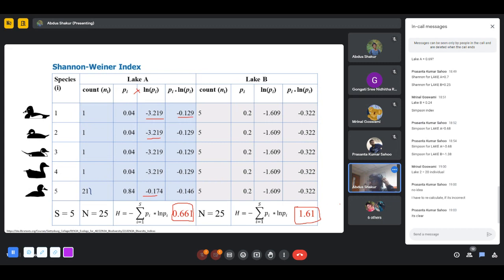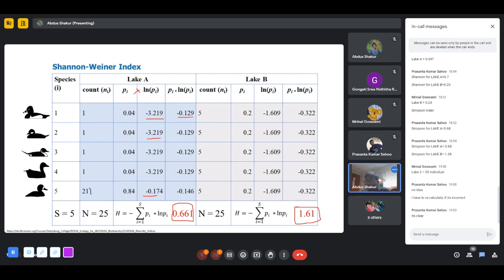Okay, 0.6. I think Prashanta, you reported in the chat. I think you said for Lake A it's 0.68 for Simpson, but I think you might have calculated Shannon's for that, because the values are matching here for the 20 individuals case, 24 individuals case.